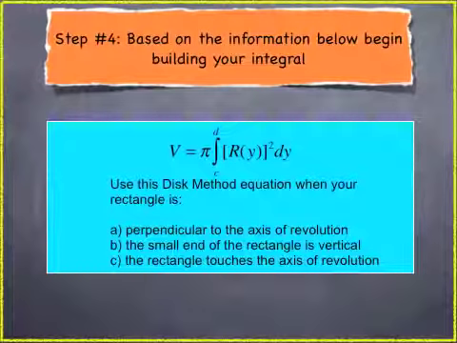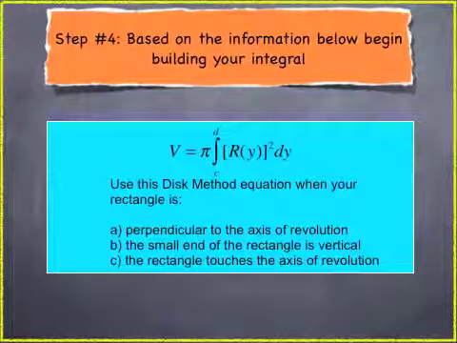Part A, we want to use the disk method when our rectangle is perpendicular to our axis of revolution. We already discussed that. B, we want to use this particular formula when the small end of the rectangle is vertical, because everything's in terms of y. And C, the rectangle touches the axis of revolution.